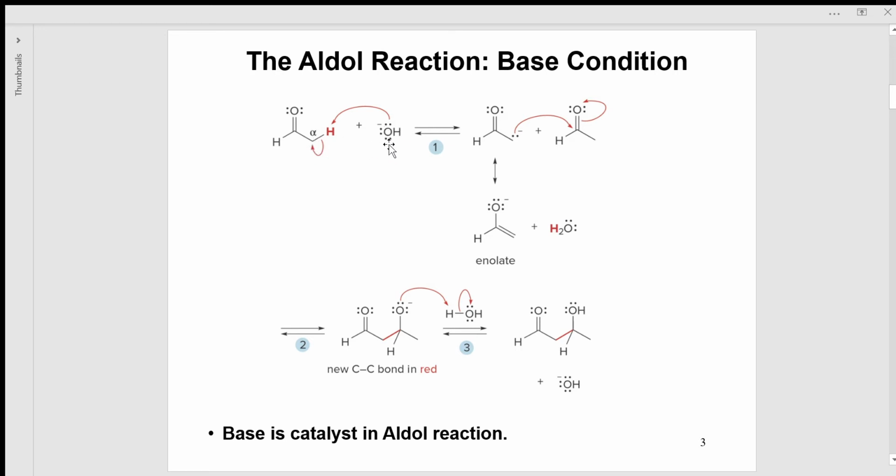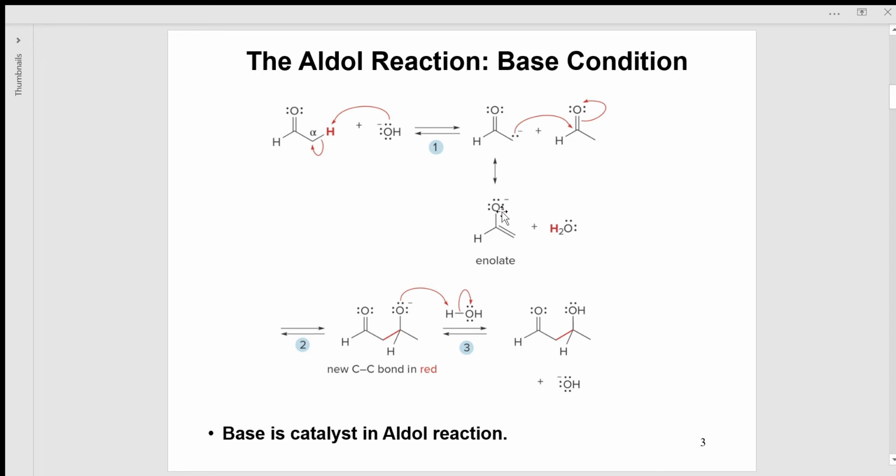If we have a base, the base would react with the alpha hydrogen, the alpha of the carbonyl group, to form an enolate. While we have this acid-base reaction, even if this base is not a super strong base, it works because the conjugate base has a resonance structure. Say this is a carbanion with a negative charge.